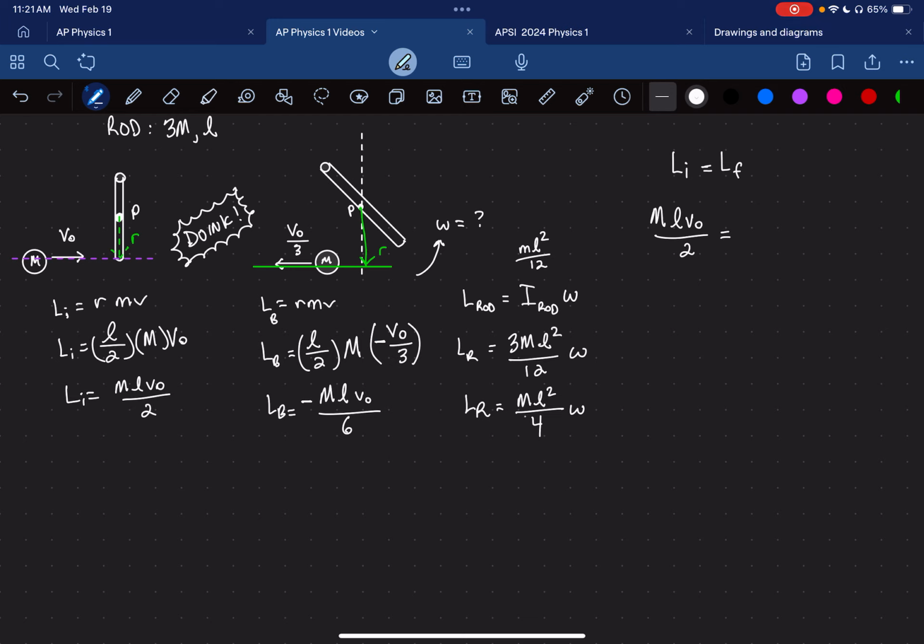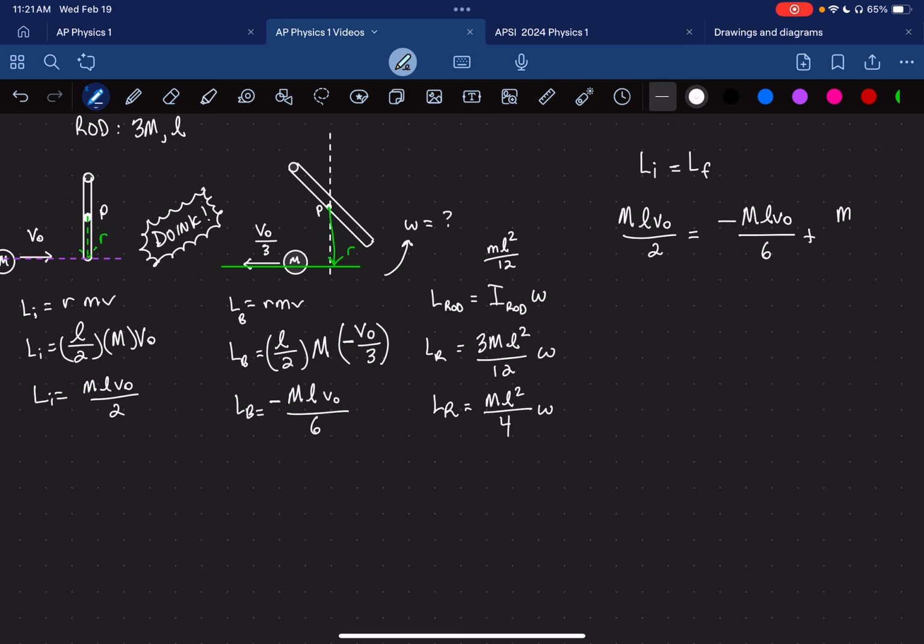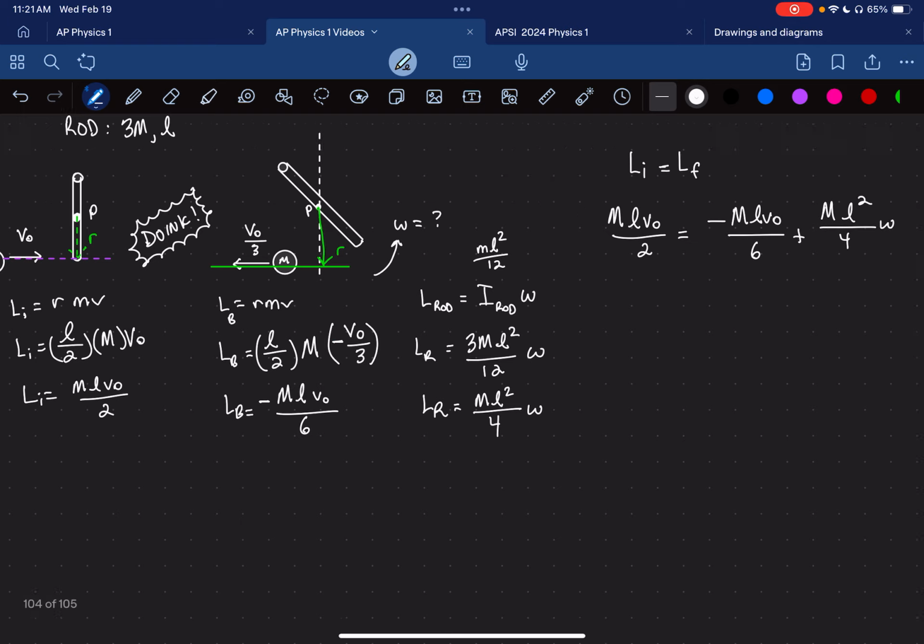And the angular momentum after the collision is this term plus this term. So I'm going to put a negative, let's not forget about the negative: minus m L v naught over 6, plus capital M L squared over 4 times omega.